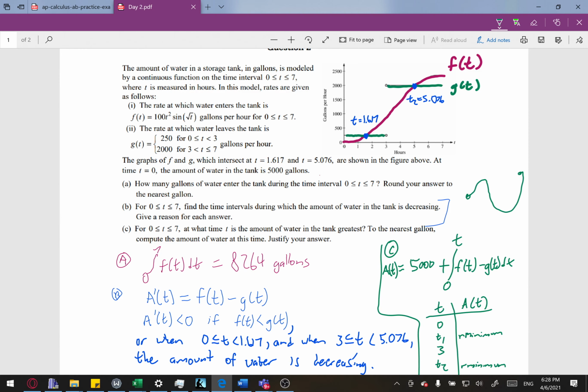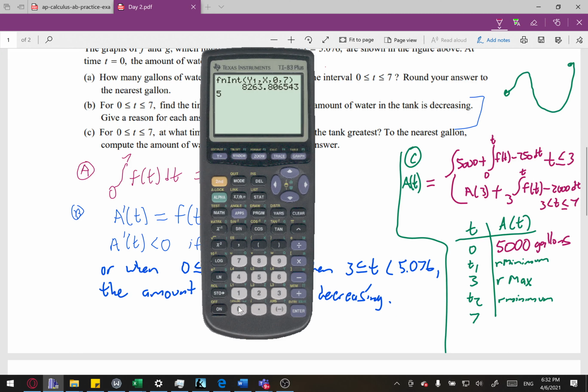Okay, so this looks something like this. I've got f(t) in the calculator already, so I'm going to add 5,000 plus our integral, math 9, of variables, y variables, function y1, so that's f, minus 250, in terms of x from 0 to 3.